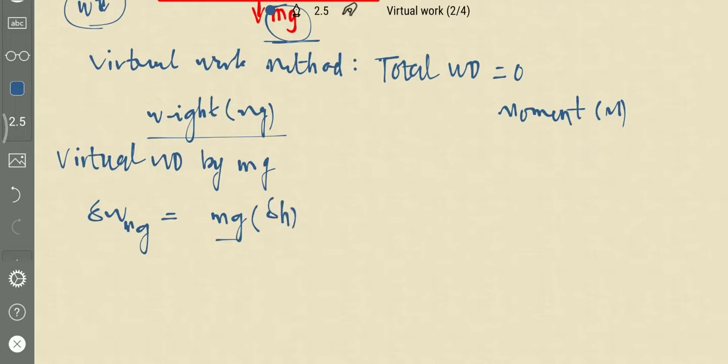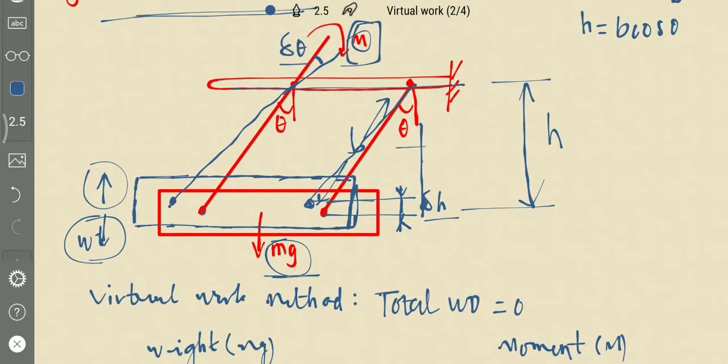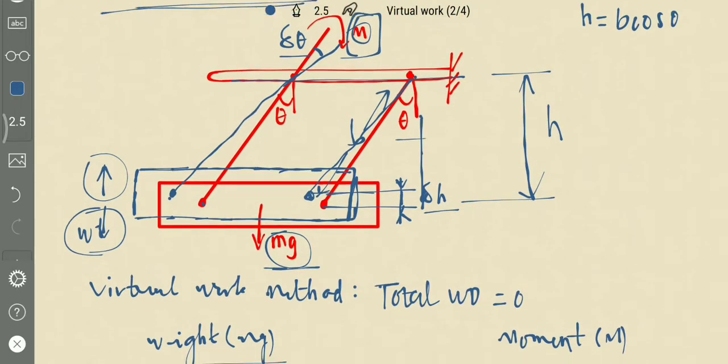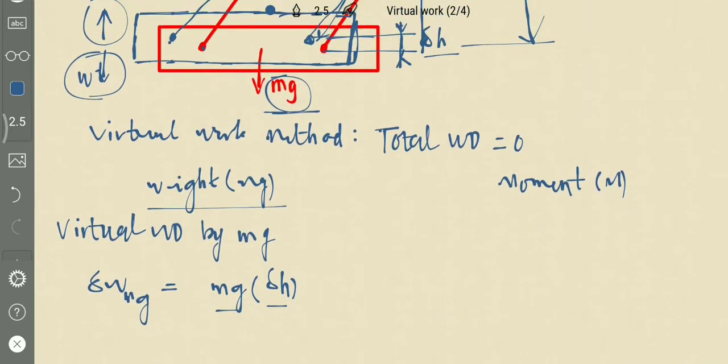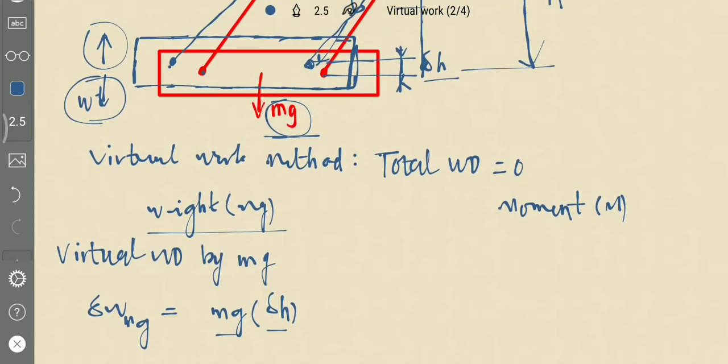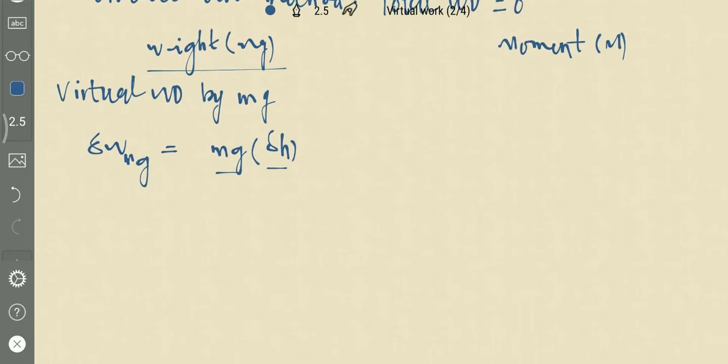This is the force, that is weight, and the distance moved by this block is delta h. Since the force and the direction of motion are different, by the sign convention, the work done by this body is negative.